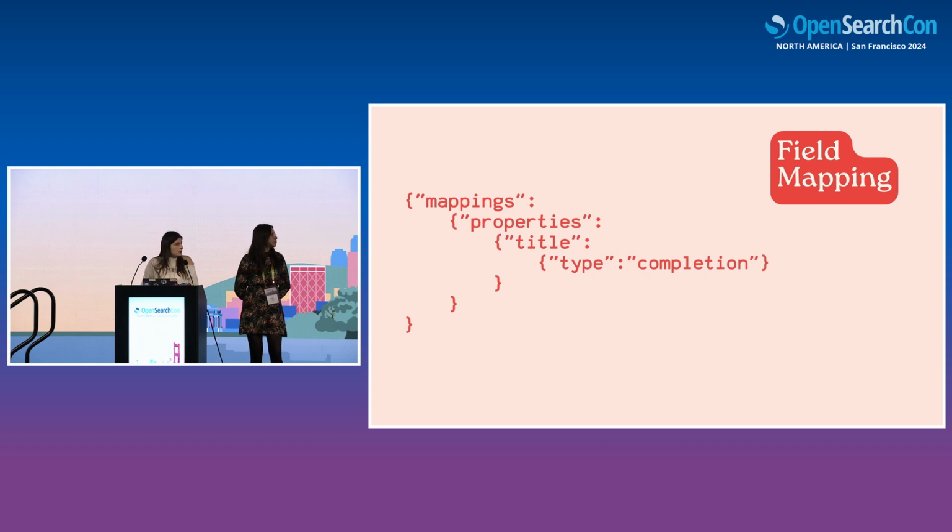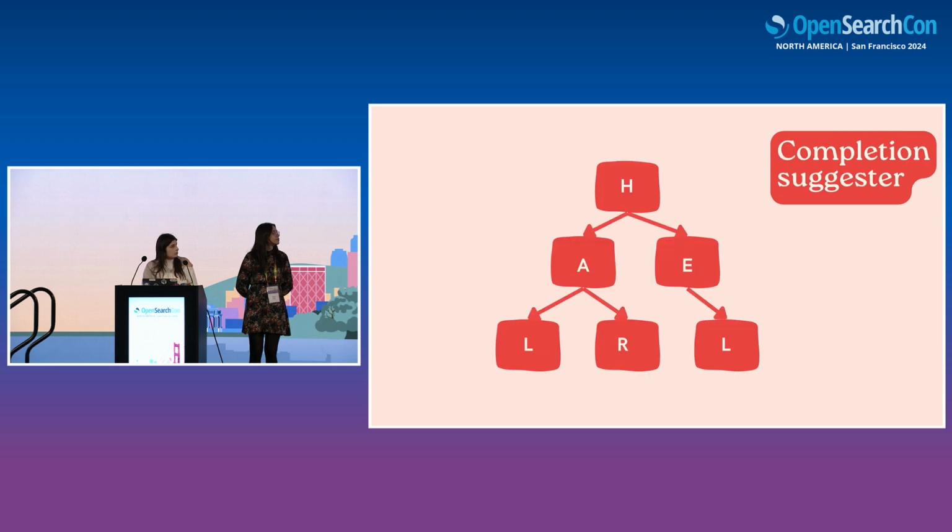And basically, when we specify this type, OpenSearch will understand that for the field named title, we need to build a special data structure. It's usually a graph data structure. In our case, we will represent it as a tree. So, what does this tree represent?